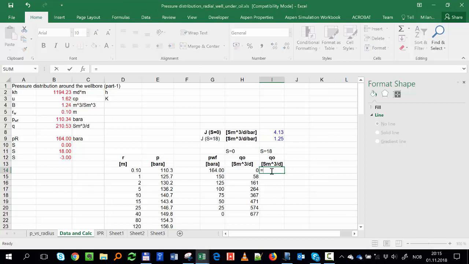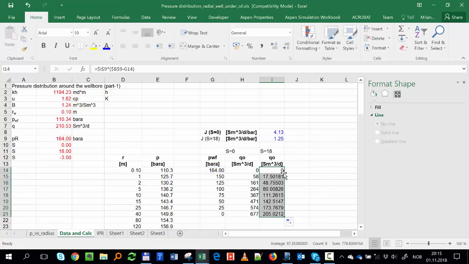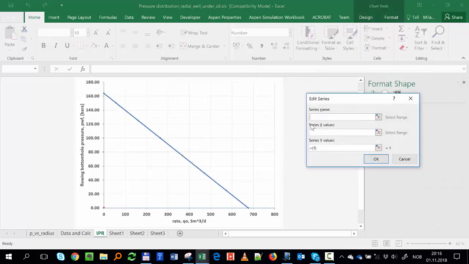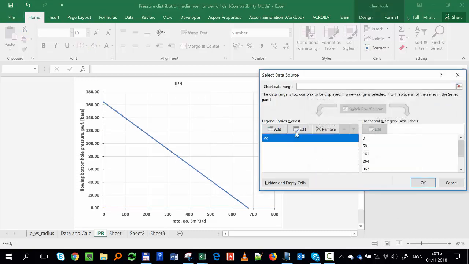Now I use J, I block it, times PR, which is here, I block it also, minus Pwf, which is here. And I get these numbers. Then I plot it. I'm running just because I want you to do it yourselves.